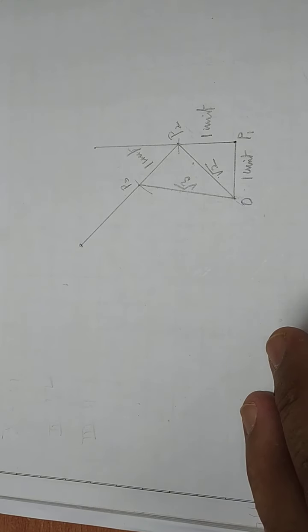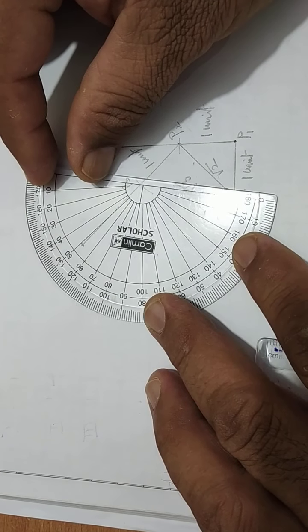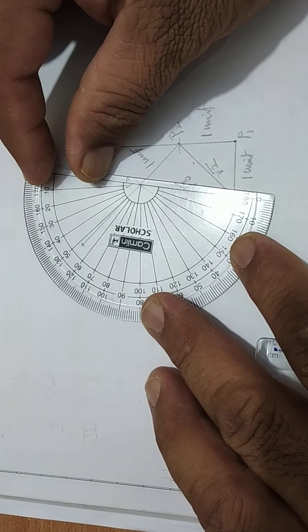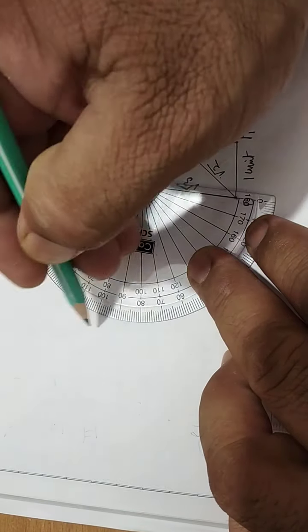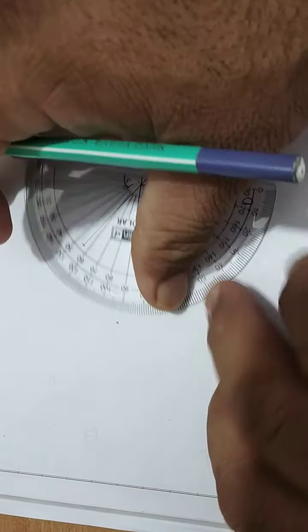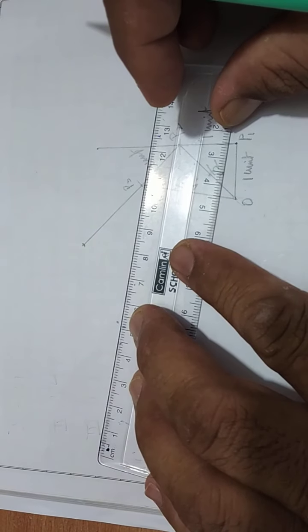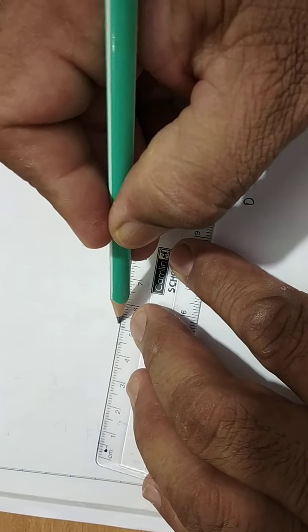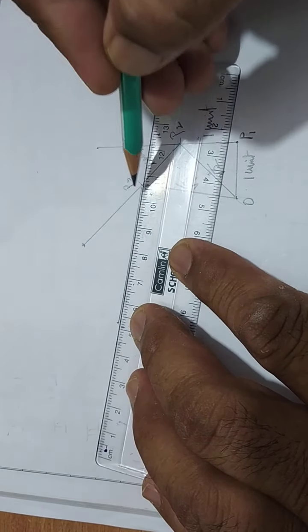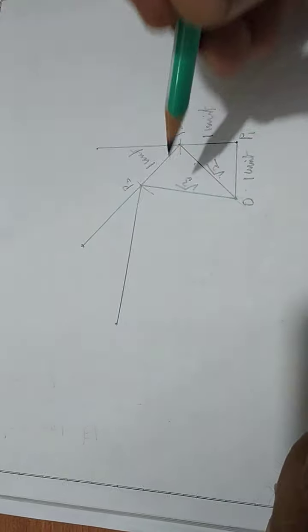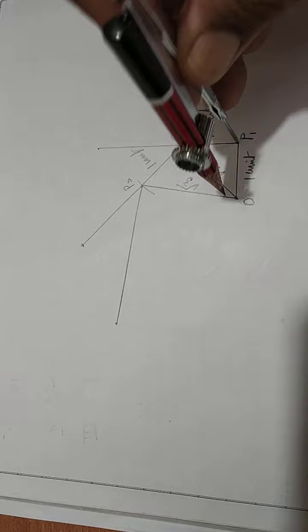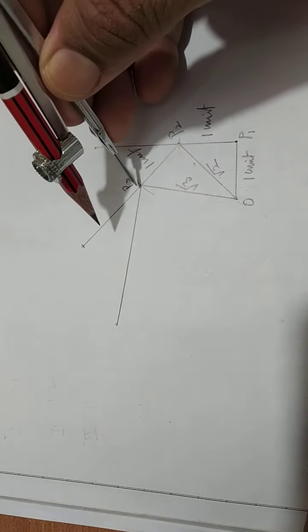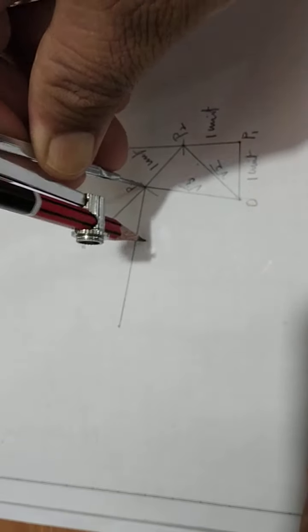Now again, for root 4, you put your D on OP3 like this and make a right angle. This is a vertical line to OP3, and again that 1 unit and put it on P3 and cut this vertical line.